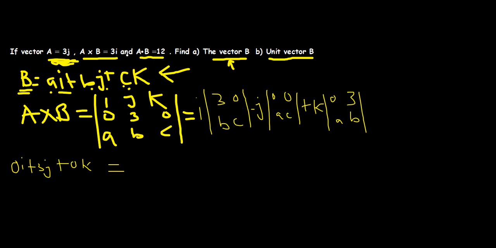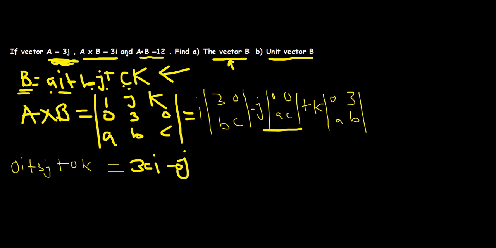From there we are going to find it to be 3 multiplied by c minus b multiplied by 0. So it means here I have 3c and then i. And then here it will be 0, so it will just be minus j0, or 0j.